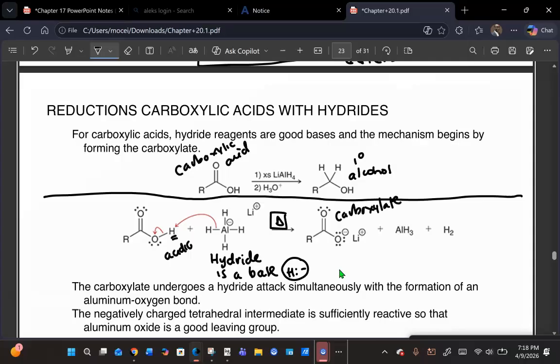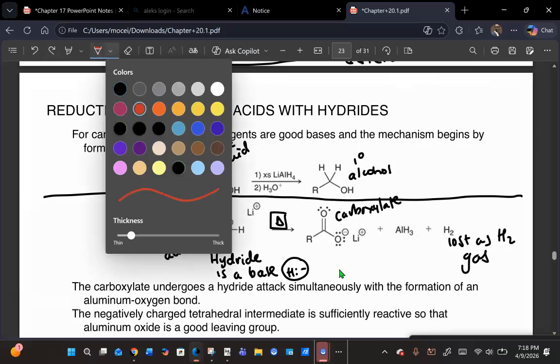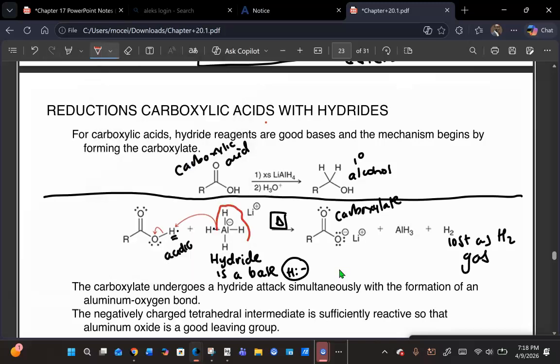That is not an alcohol. So you are taking out that hydrogen, you're going to lose it as a gas. And then the Al is left with three hydrogens. The lithium is going to be the spectator. You get a lithium carboxylate. That is the first step of the reaction.